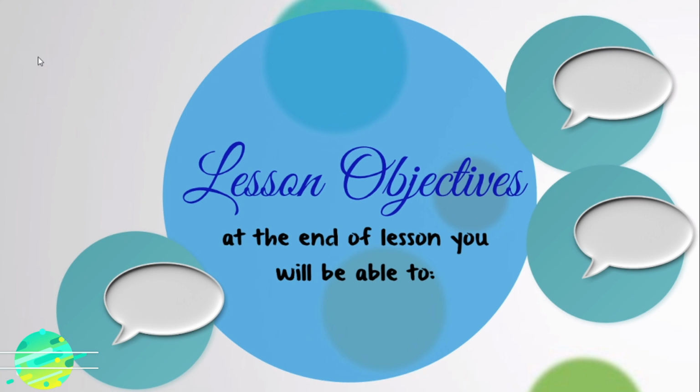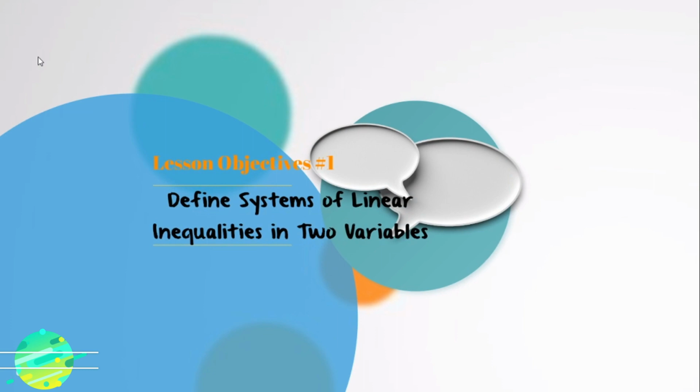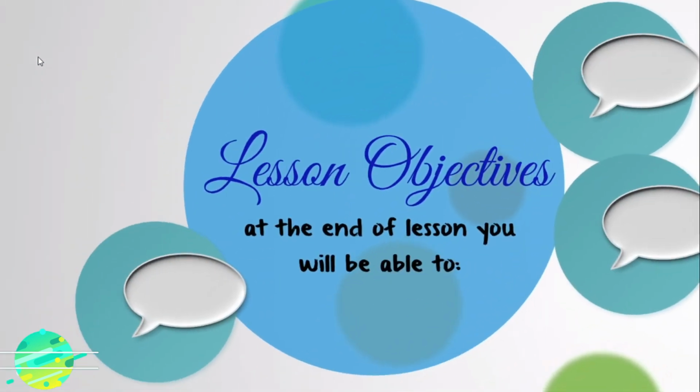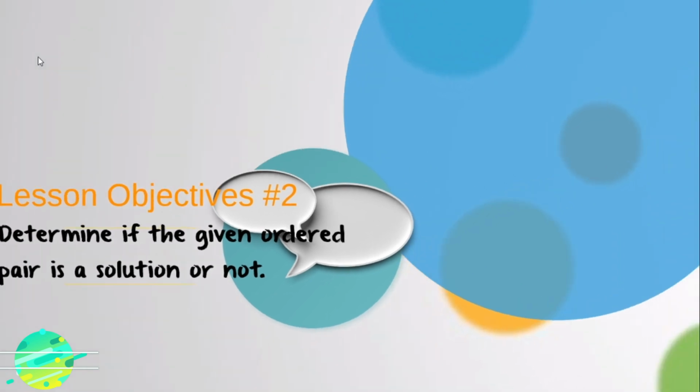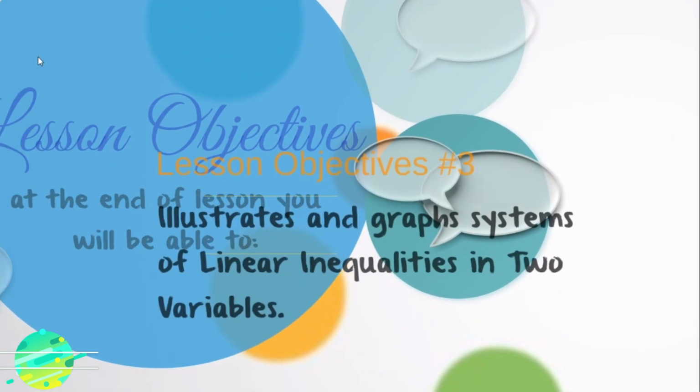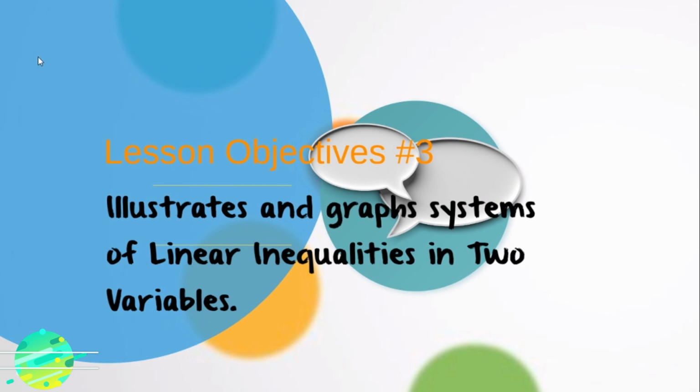At the end of the lesson, you will be able to define systems of linear inequalities in two variables, determine if the given ordered pair is a solution or not, illustrate and graph systems of linear inequalities in two variables.